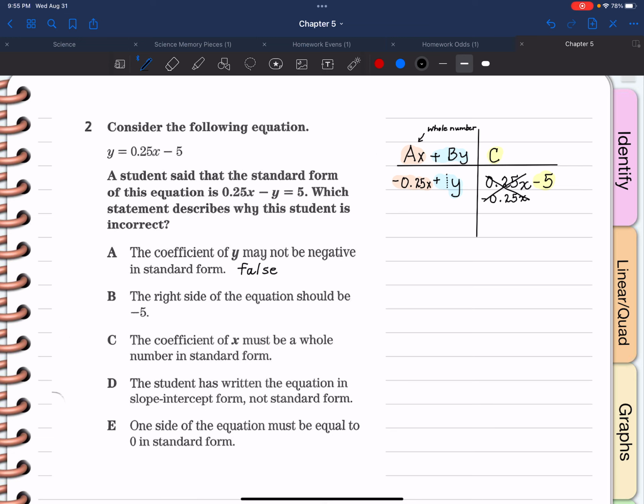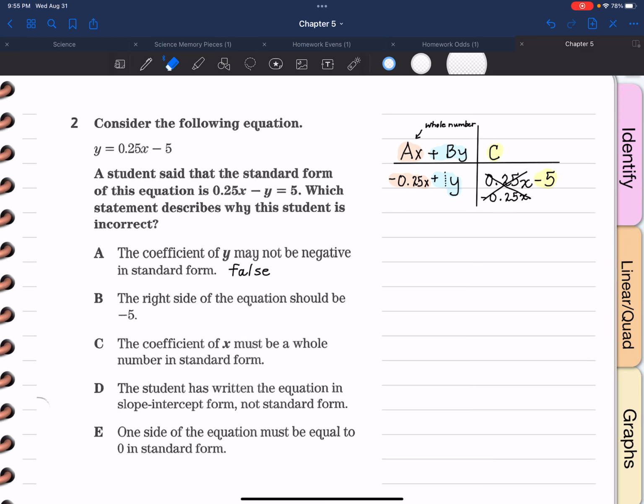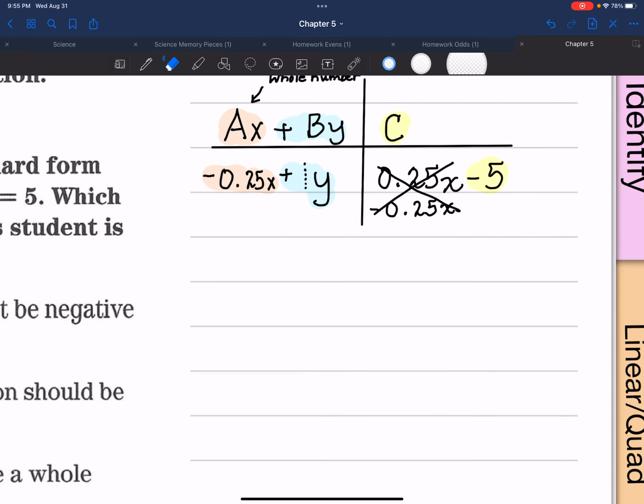So here's what's happened with the student's equation. The student has simply reversed the sides. So the student has said, I'm going to bring the 5 over here, so it's positive, and then the other side will reverse the signs too.